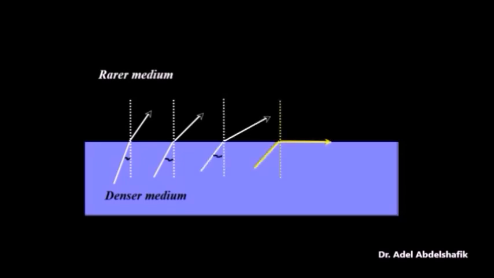When rays come from a denser medium to a rarer medium, refraction will occur and the refracted ray will bend away from the normal. As the angle of incidence is increased, the angle of refraction will increase till we reach a situation when the angle of refraction is 90 degrees.